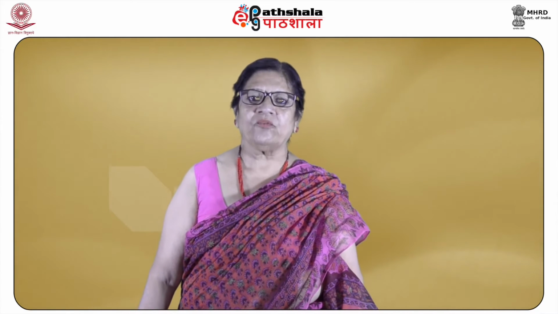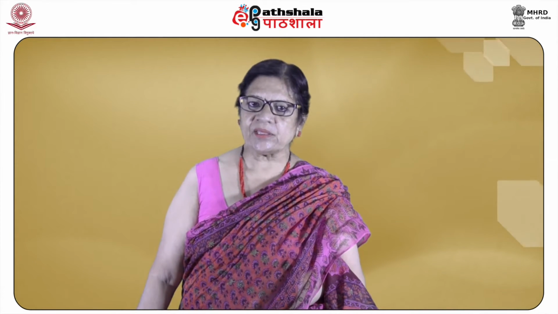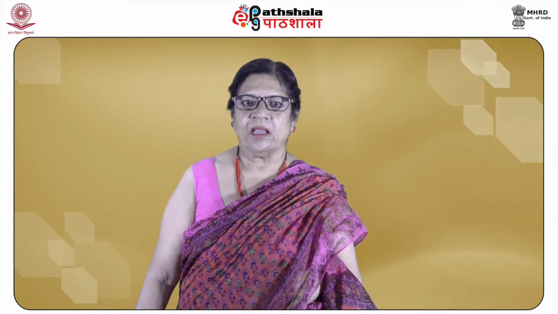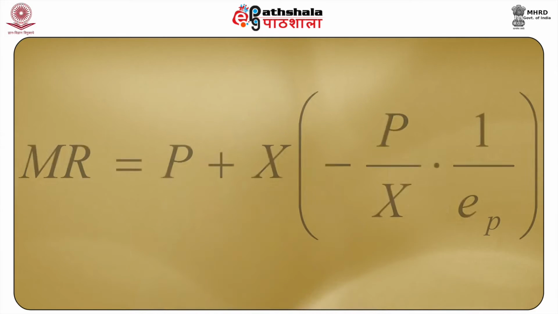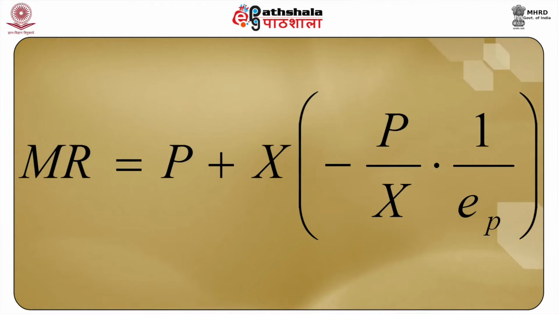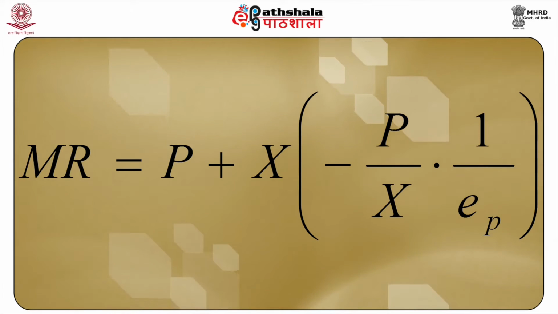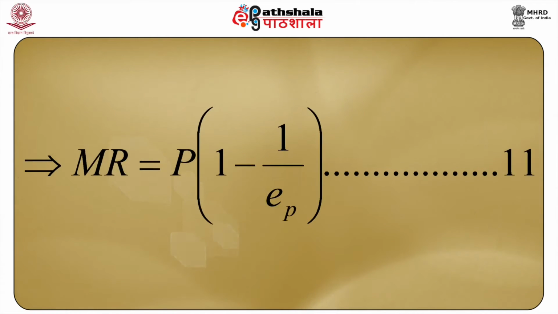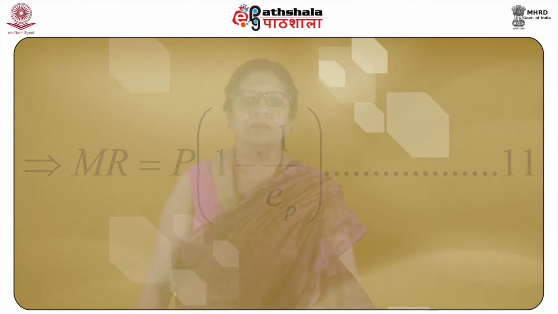Substituting the value of ΔP/ΔX in equation 8, we get marginal revenue equal to P + X × P/X × 1/EP, which is equal to MR = P × (1 − 1/EP).